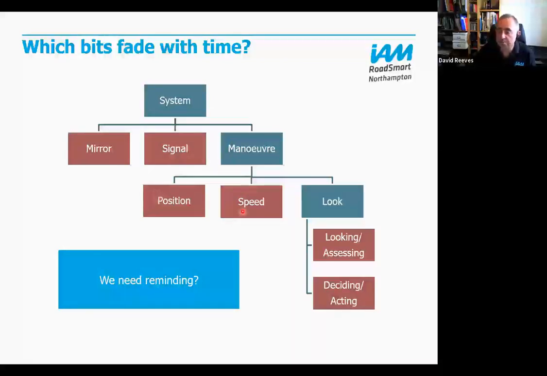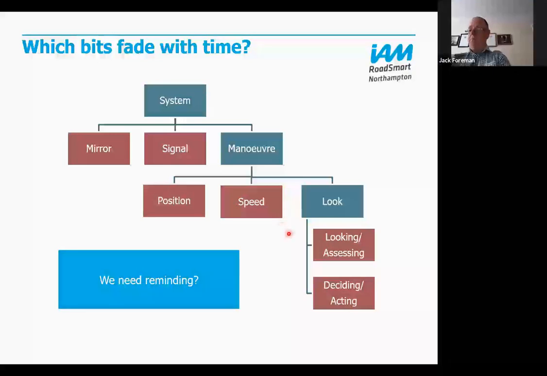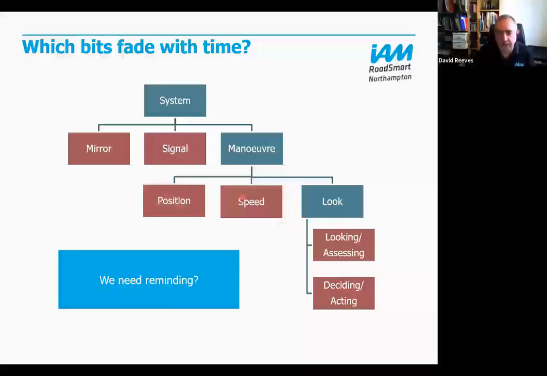Speed, generally okay, but probably come into the hazards a bit fast because they've improved their looking and assessing. Therefore, they can come hammering up to it and make a decision at the last minute more effectively. So the speed got closer and closer to the hazard, and the looking and assessing has got better. Does that sound like the average associate? Because I think that ticks those sorts of boxes.